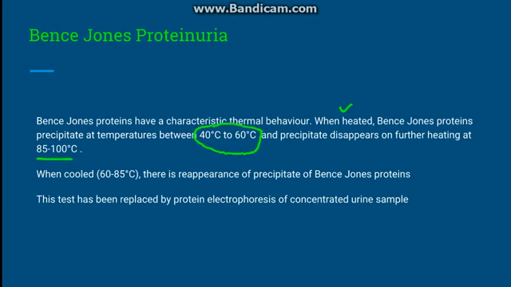However, when the sample is cooled again, the precipitate of Bence-Jones protein reappears. However, this is a very crude method, and now to check for Bence-Jones proteins, protein electrophoresis is done.